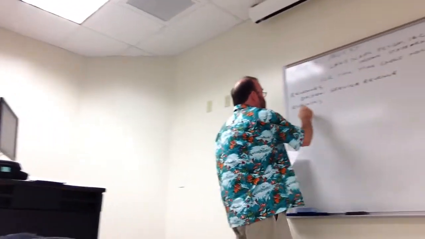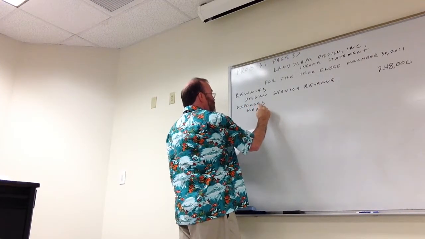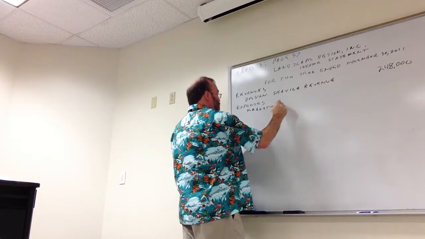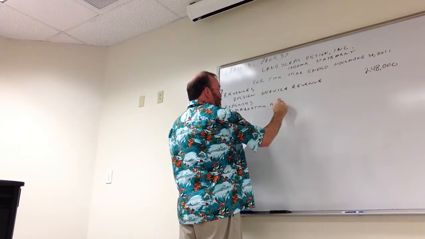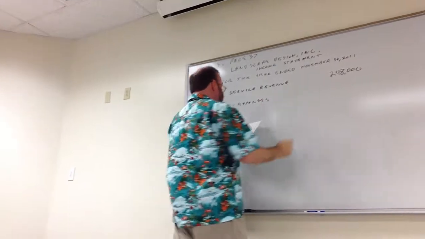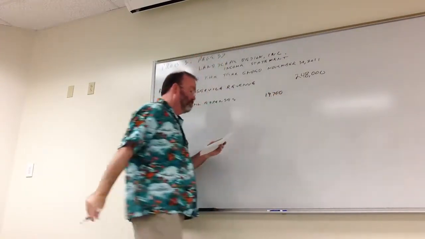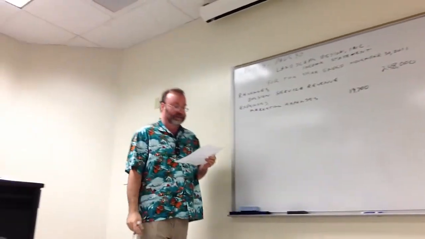I'm going to hold off on that because I'm going to leave that to the end. But then at the very top of the next column, we have marketing expense. So this would be for advertising and they spent $19,700 marketing their services.